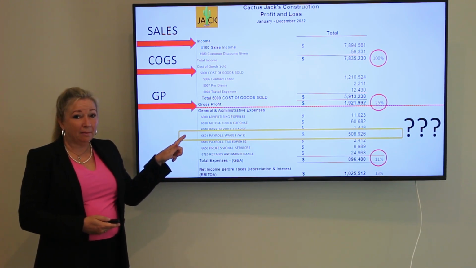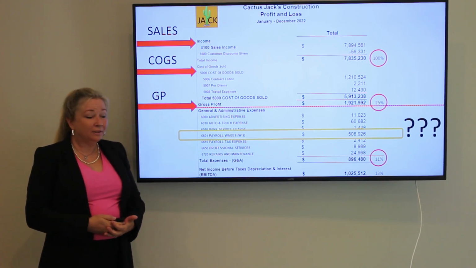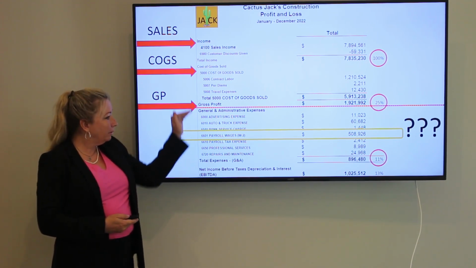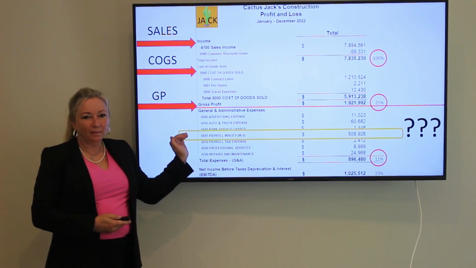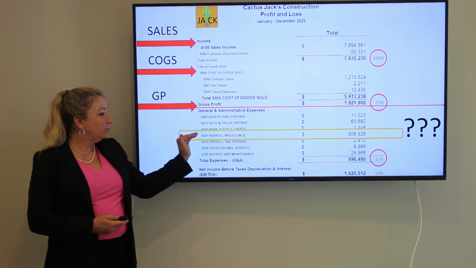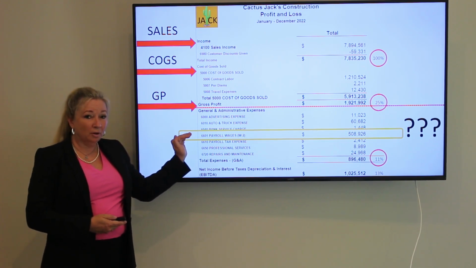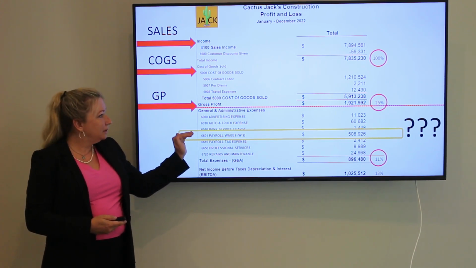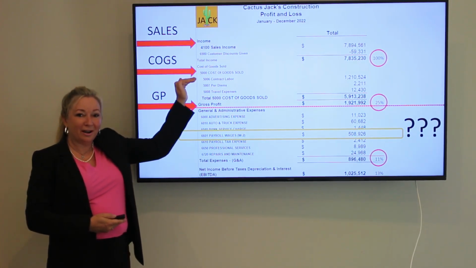They think that because you have W-2 wages, they all have to go into below the line W-2 payroll wages. This is a common mistake, because if part of your W-2 wages are used to sell a job or to perform a job, then those W-2 wages actually belong above the line.